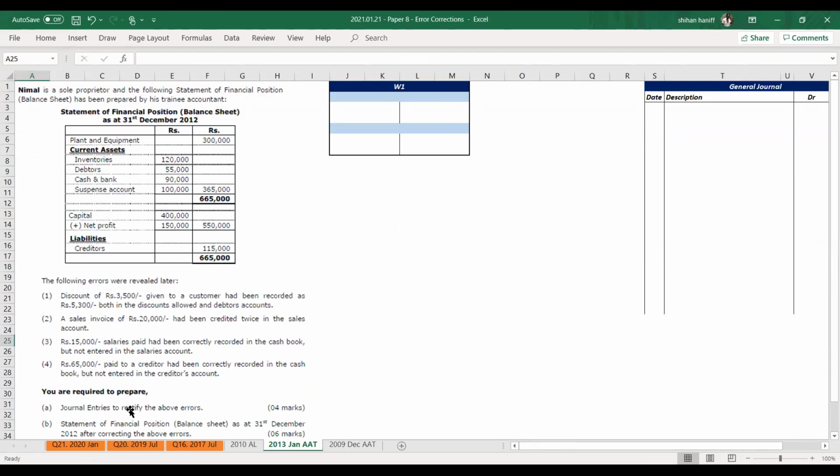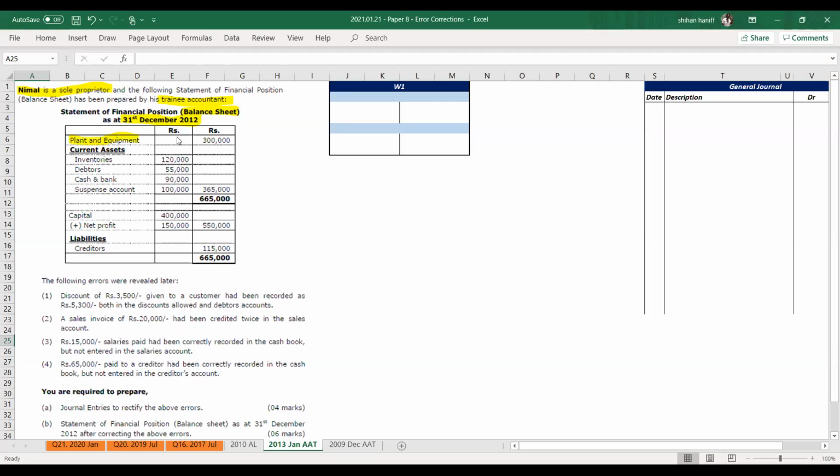Question number 2 is preparation of journal entries and adjusted statement of financial position. Nimal is a sole proprietor, and the following statement of financial position has been prepared by his trainee accountant. We have a statement of financial position, or the balance sheet, as at 31st December 2012.